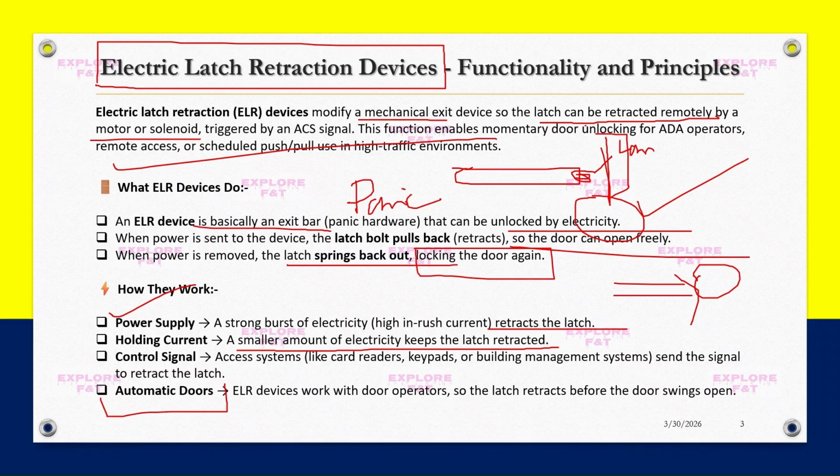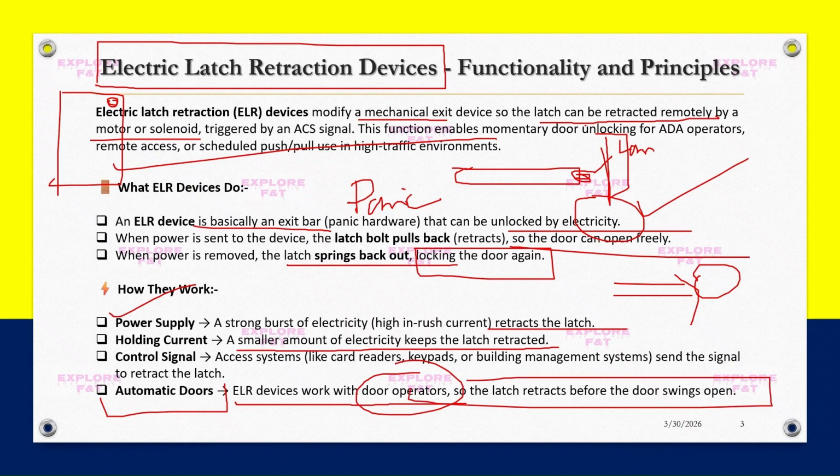You can use this system to open and close this locking hardware. Automatic doors means it could also be fitted with a door operator. The operator will be installed here, and normally it's used for ADA compliance. So the ELR device can work with the door operator so that the latch retracts before the door opening step. Okay, next one.